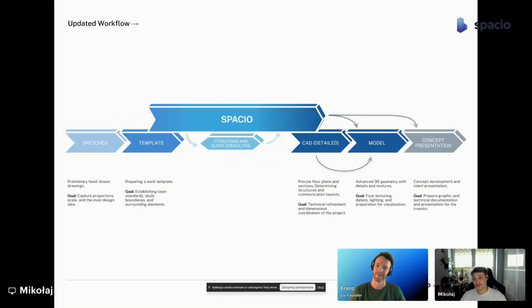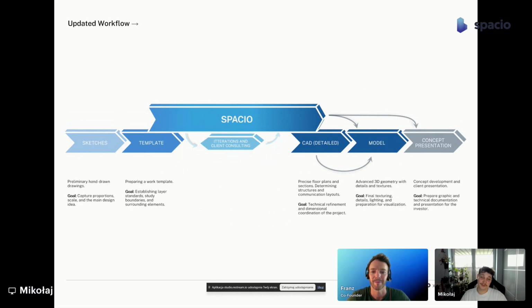We still do sketches; I mean, you can surpass the paper, but paper is the best. Then we create templates. We just get the outlines of our plots and import them to Spacio. Then we build everything inside Spacio, and we iterate inside Spacio.